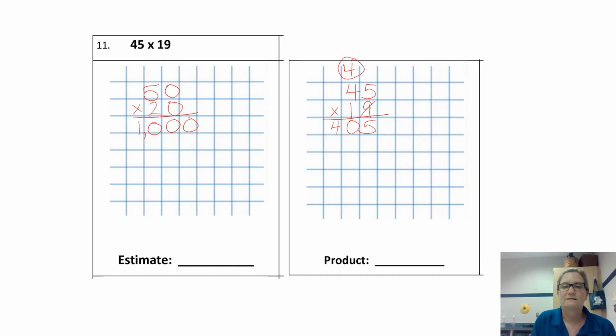I'm done with the 9. Add a 0 as a placeholder. 1 times 5 is 5. 1 times 4 is 4. Add those together. 5 plus 0 is 5. 0 plus 5 is 5. And 4 plus 4 is 8. So that is 855, which is pretty close to 1,000.